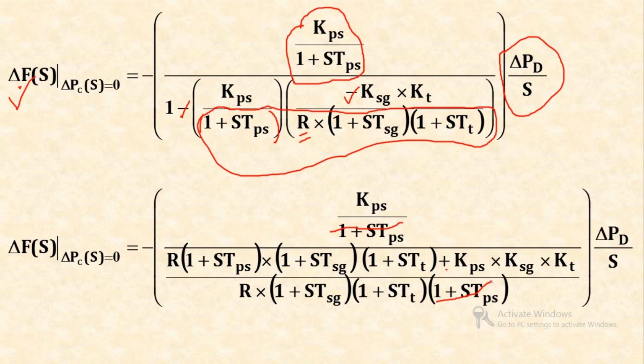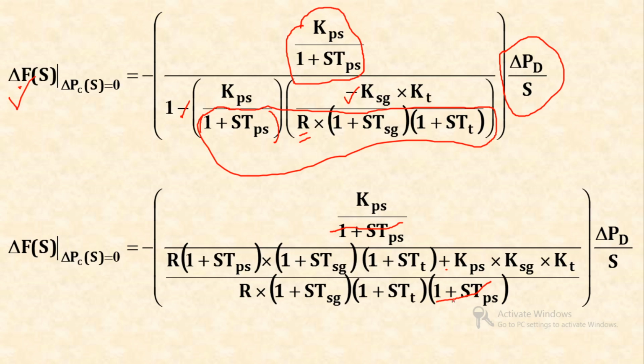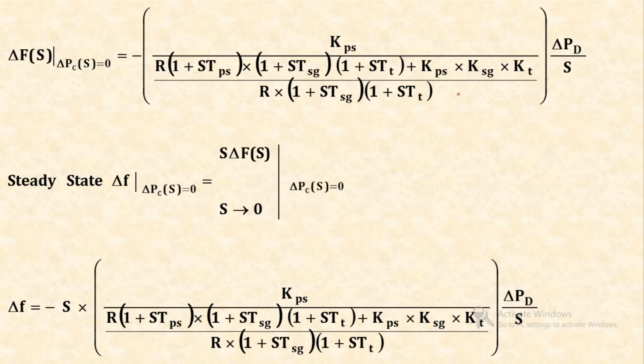So, simplification will look like this. This is the KPS, this is the remaining term, and over here we have cancelled out 1 plus STPS. 1 plus STPS has been cancelled from numerator and denominator.